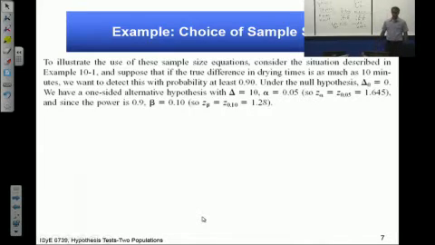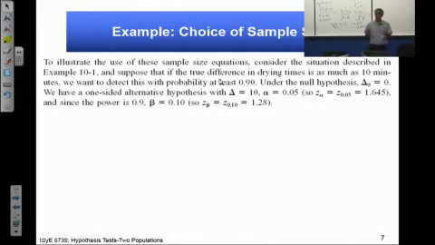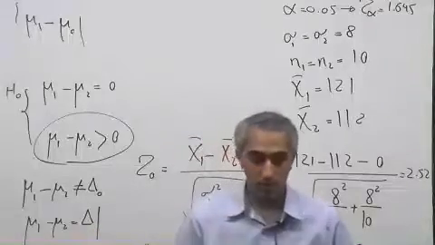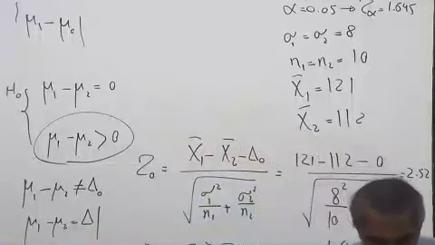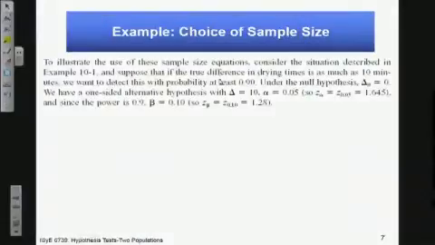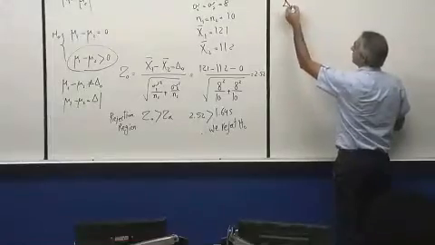So to illustrate the use of this sample size equation, we are considering the same example. We know that H null is not true. If the true difference between drawing times is 10 minutes, so delta is 10 minutes.